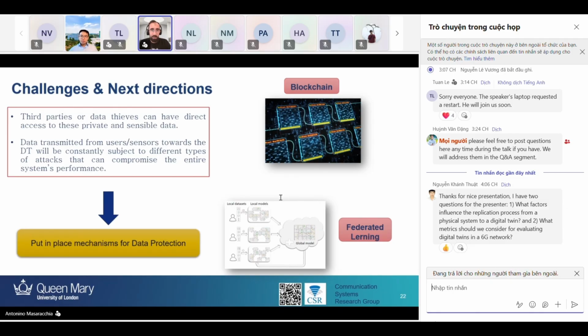So the first question is, what factors influence the replication process from a physical system to a digital twin? And the other question is, what metrics should we consider for evaluating digital twins in 6G networks? So to answer the first question, the main factors that impact the digital representation of the networks first of all depend on the type of representation.